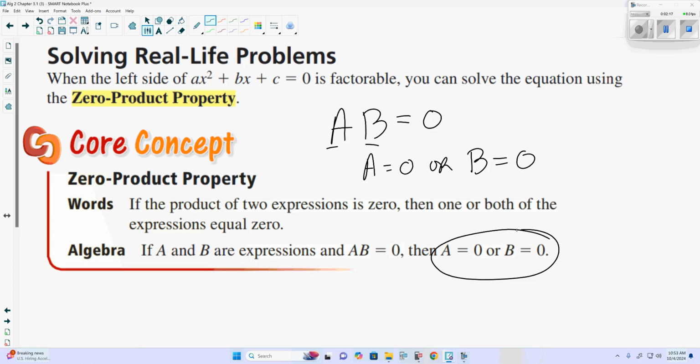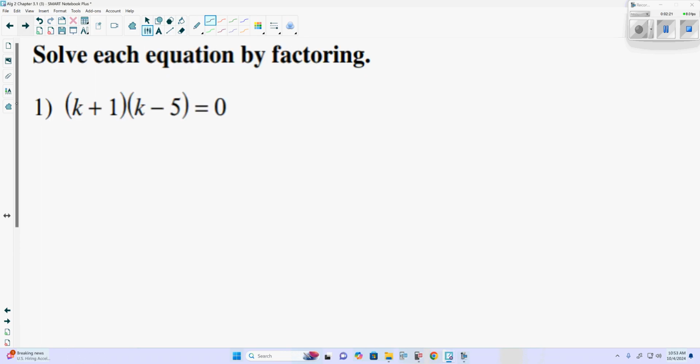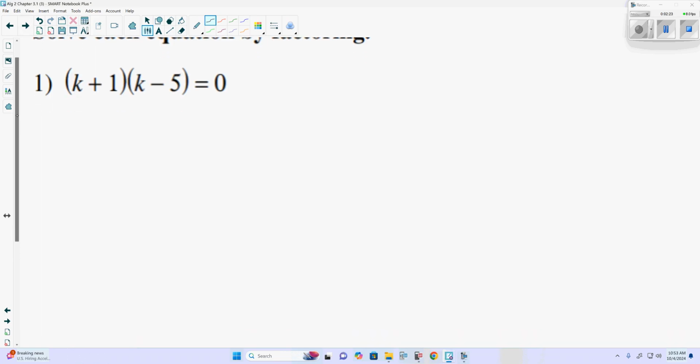So now the question is, why is this connected with what we've been doing? Well, when we factor something, we get two things being multiplied together. When we solve by factoring, we're wanting to get it into its factors. Our sets of parentheses being multiplied together, and it's equal to 0. Because all it's telling us is that these two things are being multiplied together.